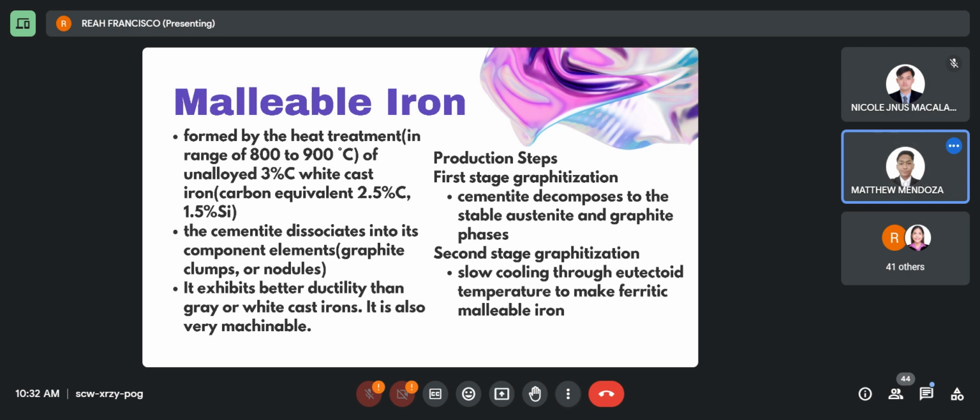The mechanical characteristics of malleable cast iron are similar to nodular cast iron, giving higher strength and more ductility and malleability.